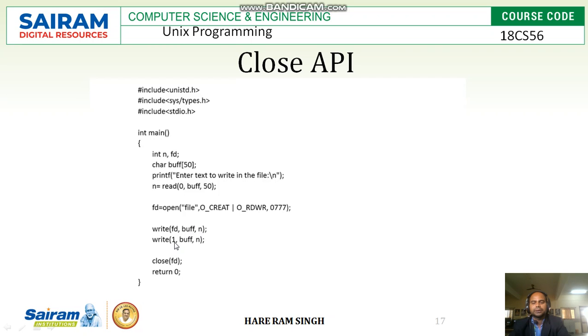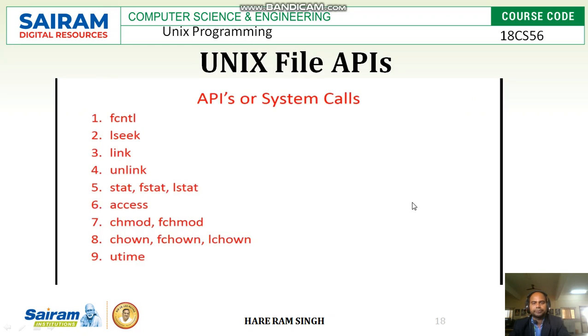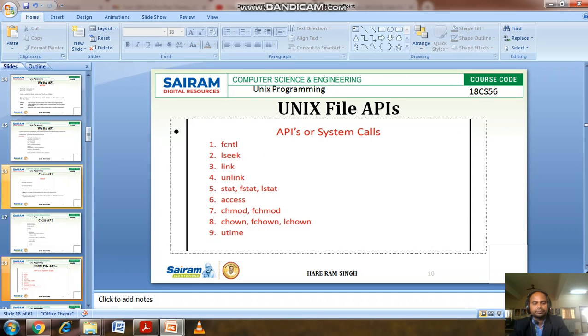Again we are writing data on the standard output from the buffer of n bytes of data, and then we are closing the file using the file descriptor and return 0. So this is the close API. In the next class we can see some more APIs for system calls.